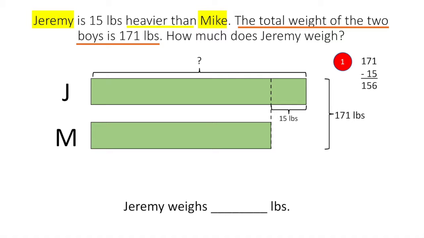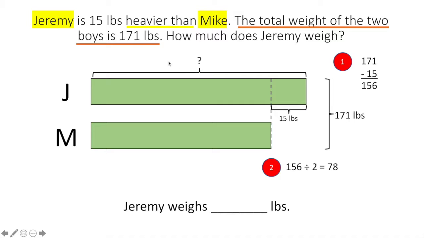Now that would be 2 equal bars, just Jeremy's up to this part and Mike's bar. If I want to find just one of those units, I have to divide by 2. So my next step is going to be to divide 156 by 2, which is 78. So that means that this section of Jeremy's bar is 78 and Mike's bar is 78.